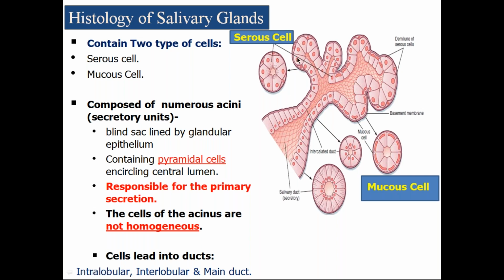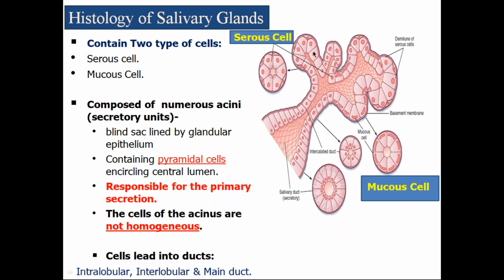Now all these cells form the epithelial lining. Then these would be communicating with one another by means of the interlobular ducts. These interlobular ducts combine together to form the interlobar duct. The interlobar duct would open into the main duct of that particular gland.